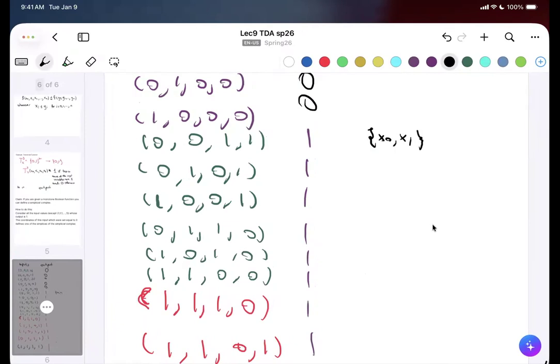Then for the next one, right? The entries are 0, 1, 2, 3. That's what you have to remember. That is such an annoying part because you start at 0. So 0 and 2 are the ones that have coordinate 0. So there's an edge x0, x2.